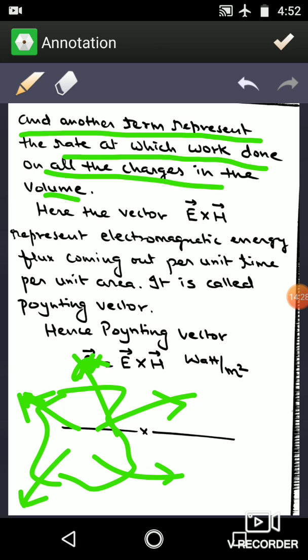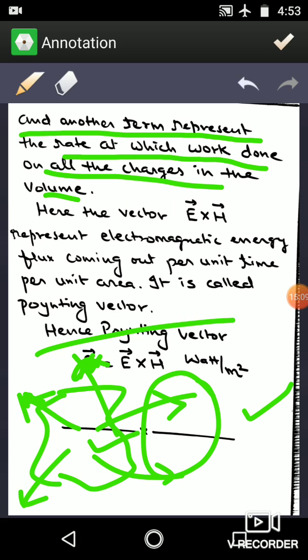Then the rate of decrease of electromagnetic energy in this particular volume will be equivalent to the sum of the energy coming out from the surface enclosing this volume and the work done on all charges in this volume. Therefore, it is basically the law of conservation of energy, or the law of conservation of electromagnetic energy.